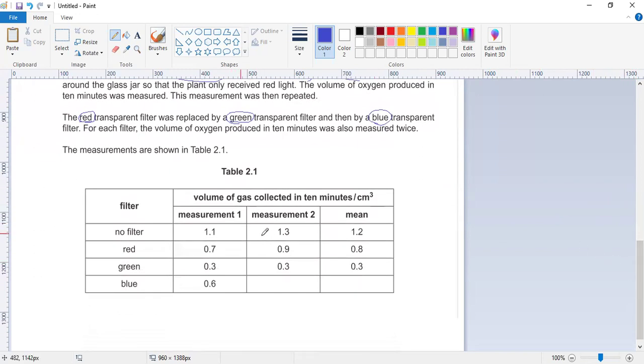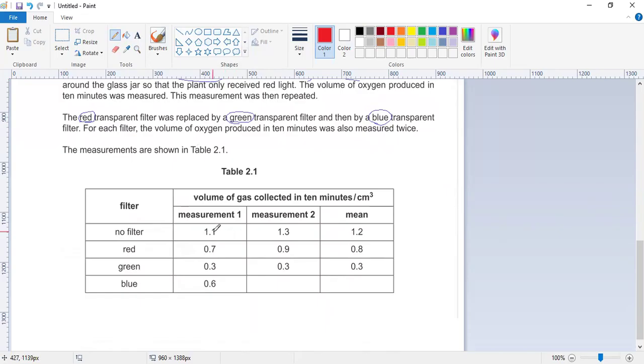So this is measurement one, this is measurement two. Actually, we repeat the experiment to avoid any mistake or to justify our result. So it is better to perform different sets of experiments.